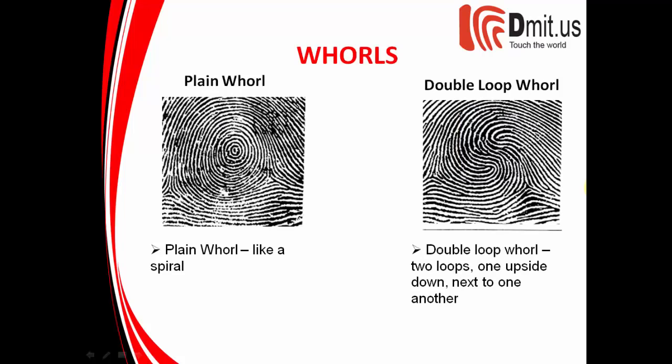Now, whorls can be what's called a plain whorl, like a spiral, and that's the one that is depicted right over here. And then there's what's called the double loop. And if this is not in your packet, you need to add this one in. Now, the double loop reminds me of myself. Haha, don't ask why.